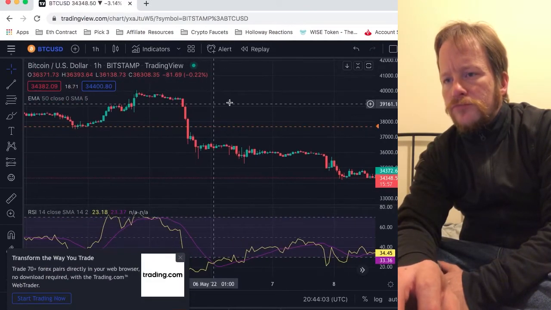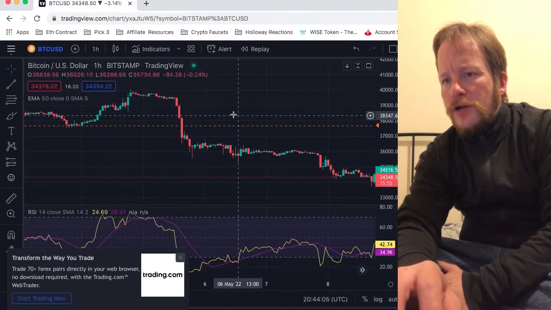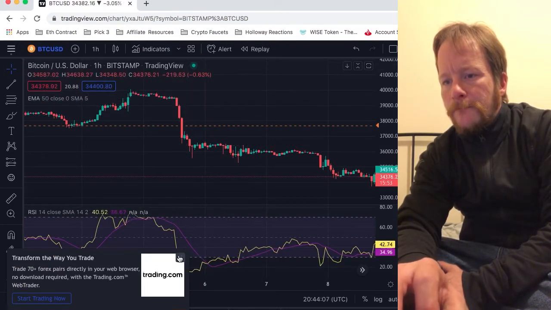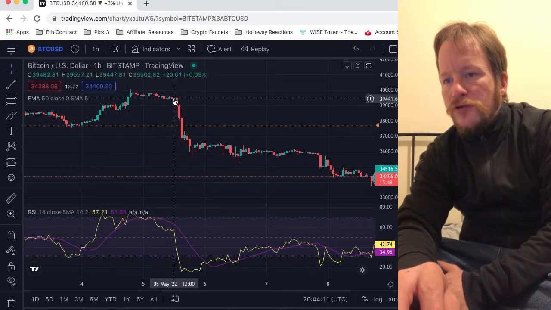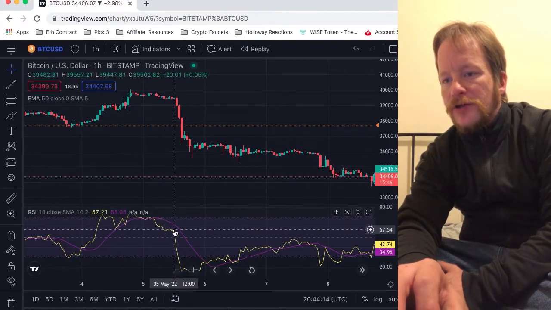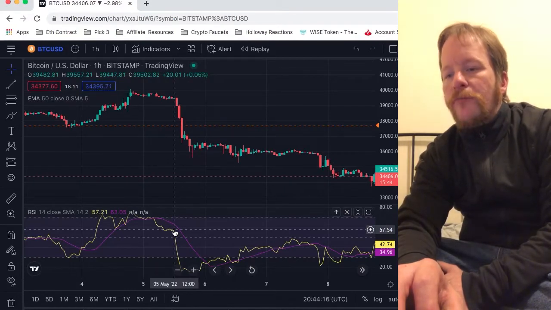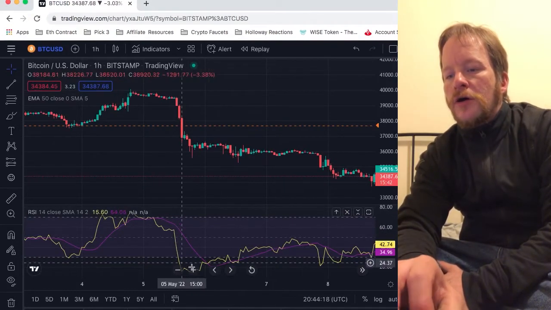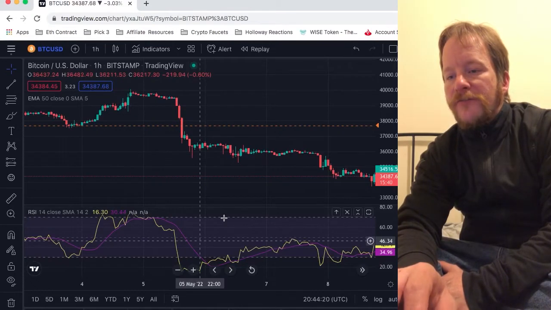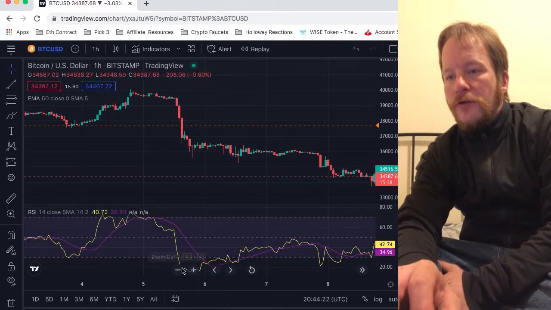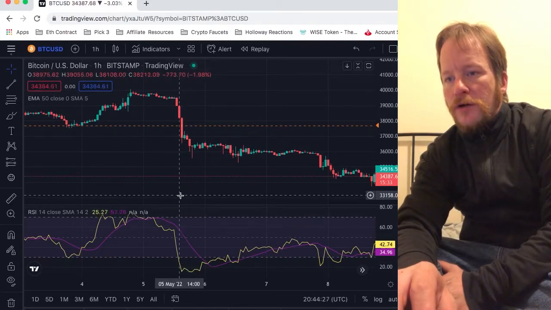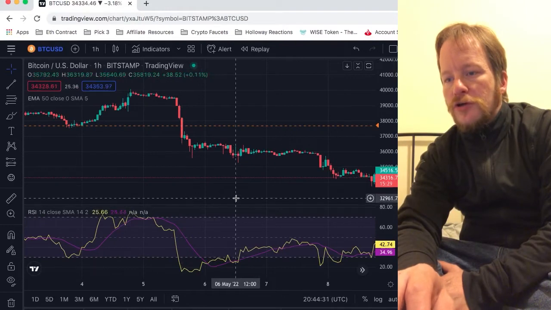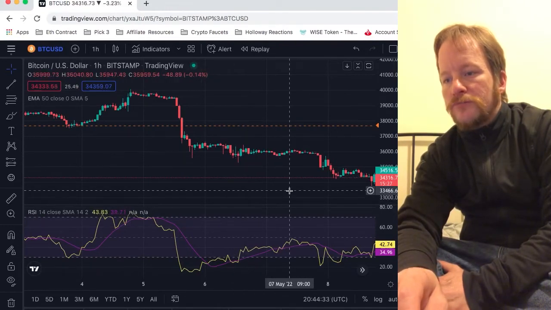So we're on Bitcoin, and right here you'll notice where the RSI is. It's right up here at the top, so I wouldn't have bought right in here. But if I'm basing it on just the RSI, I would have bought down here, right about here, and ridden it until the yellow line tops out.